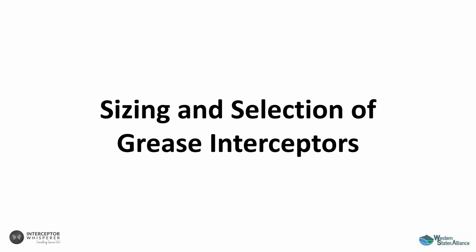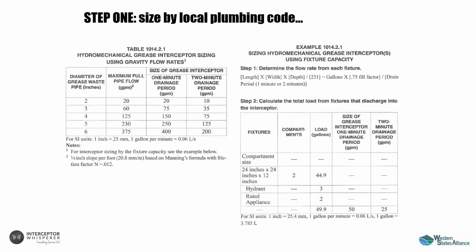Absolutely. All right, let's try to quickly go through sizing. This is challenging. Normally, when it comes to sizing grease interceptors, this is done with a focus only on flow rate, and that flow rate is either used by itself, or it's used to figure a liquid volume for gravity.